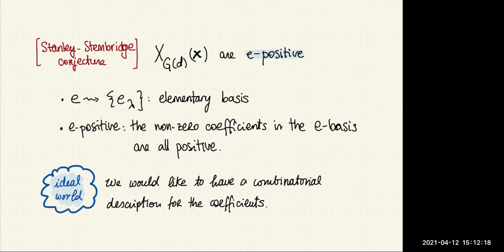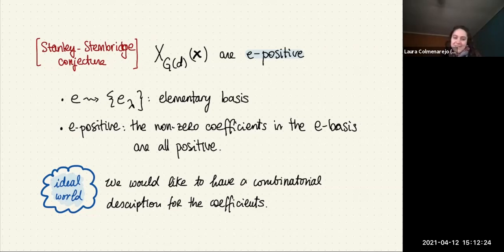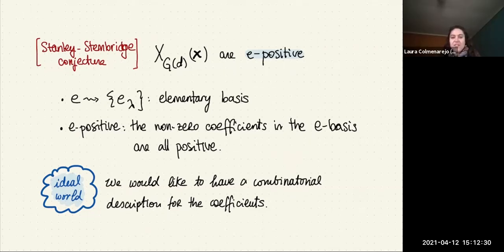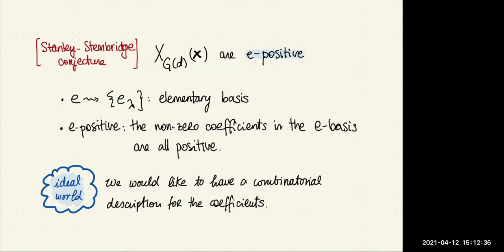So first of all, have you considered the Cherchen-Wachs quasi-symmetric function? That's my next slide. And have you considered the Schur positivity? No, because the reason why we want to go for e-positivity is because it's the strongest. So I understand, but the Schur positivity is shown in this case. Yes, but understanding the coefficients could still be interesting.